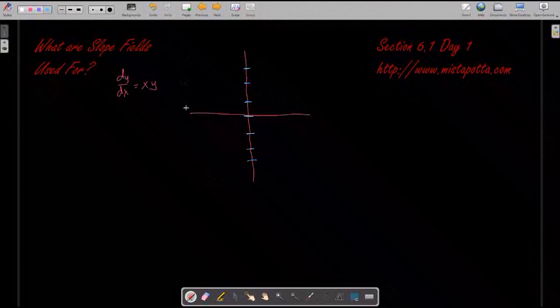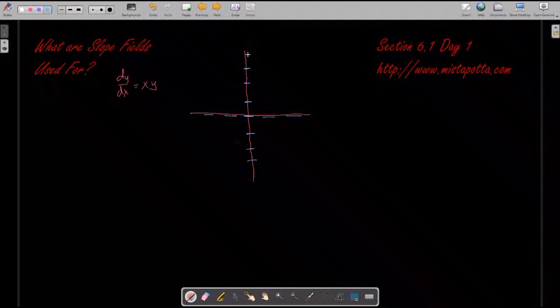For any point on the x-axis, my slope would have to be 0 as well. So a 0 slope line segment would demonstrate any point where it's intersecting the x or y axis. And that means wherever my graph hits the x or y axis, I'm going to have a horizontal tangent line.